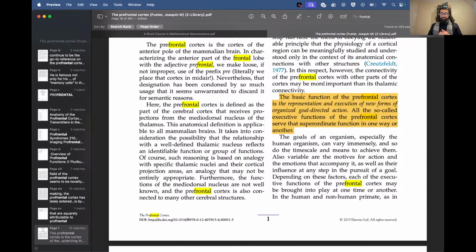Such patients scored normal on intelligence tests. However, clinically, they showed rigidity, so they were very rigid in their formalization and organization of knowledge and reasoning. Poor planning, perseveration, which means their ability to take in information, and inability to adapt to change.